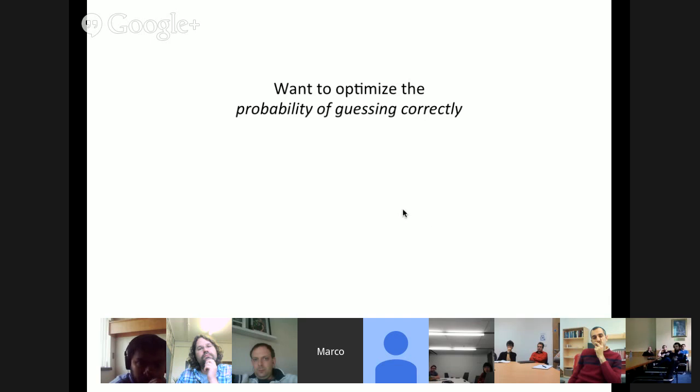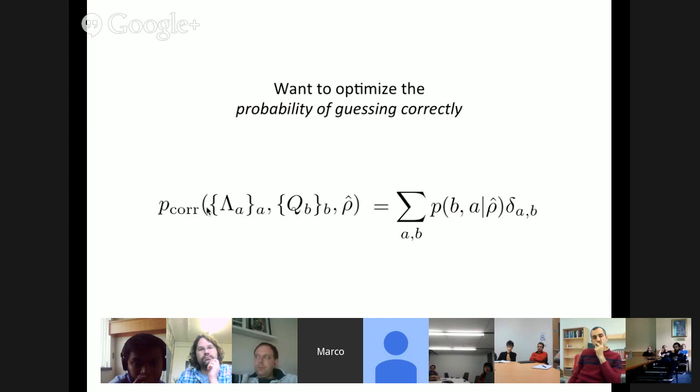What we want to do in this task of channel discrimination or subchannel discrimination is to maximize the probability of guessing correctly. So this probability of being correct is just the sum of the cases where our measurement spits out the same result that matches what was the channel that took place.